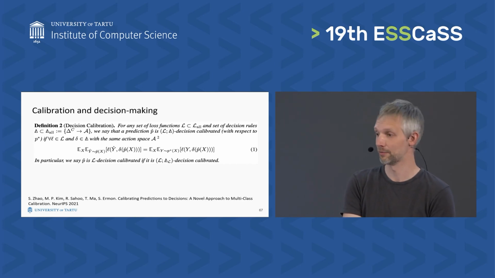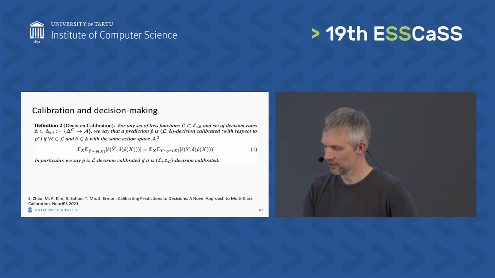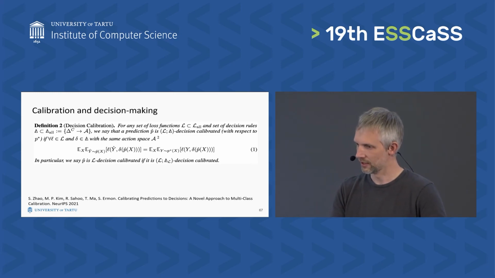Essentially, we have a predictive model p hat, and all the losses we estimate based on this uncertainty are in agreement with the case where we would be perfectly quantifying our uncertainty.